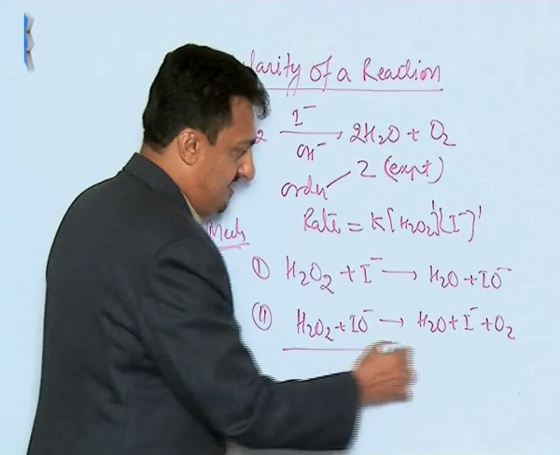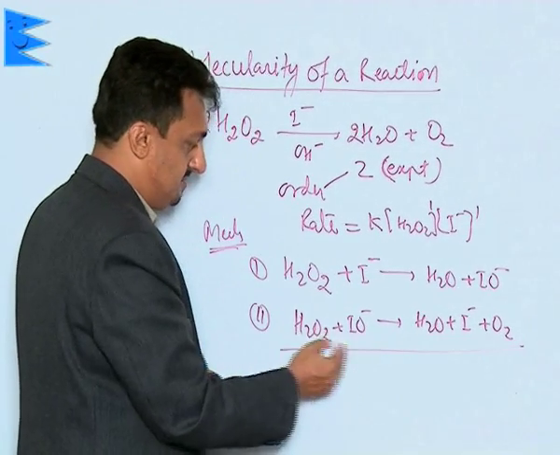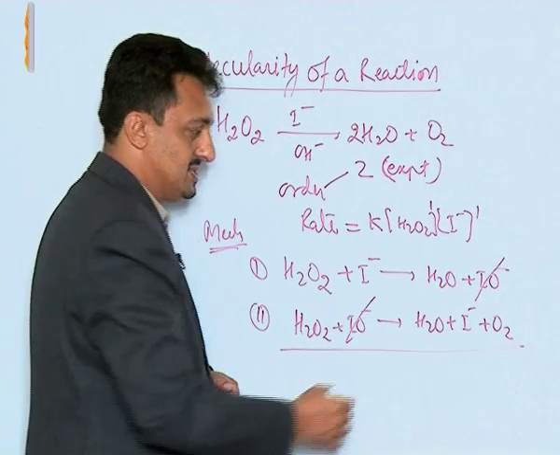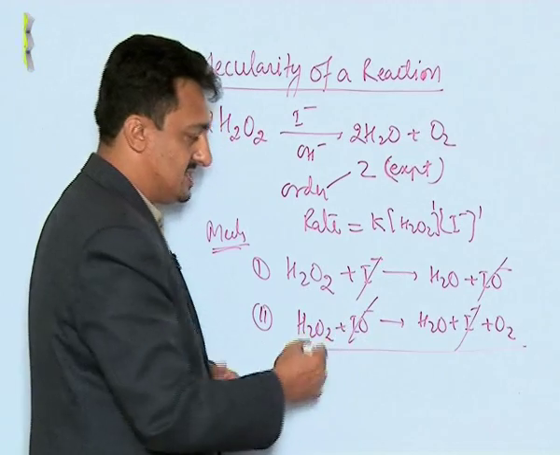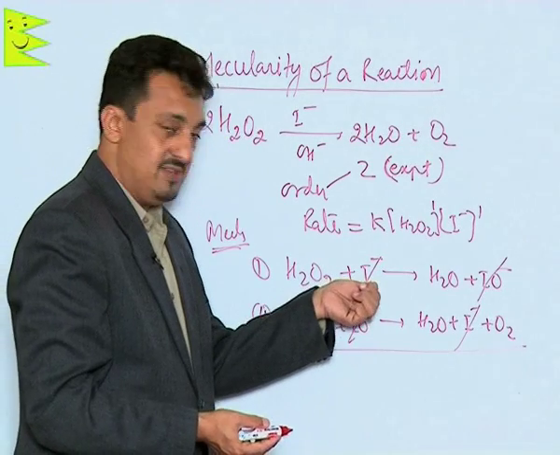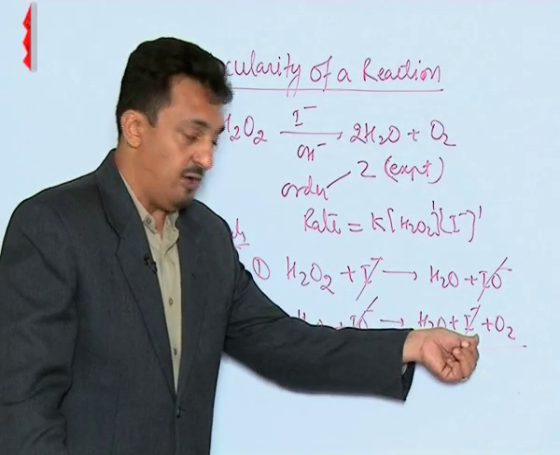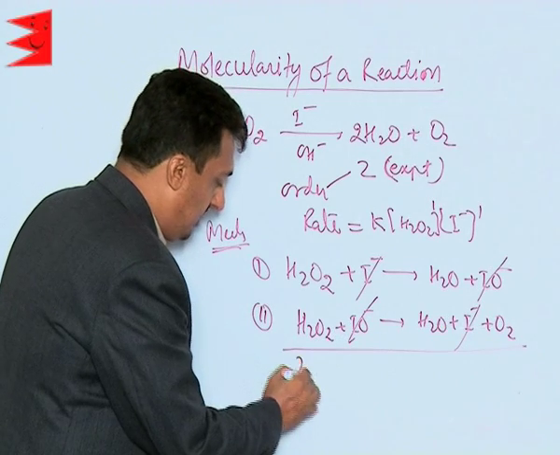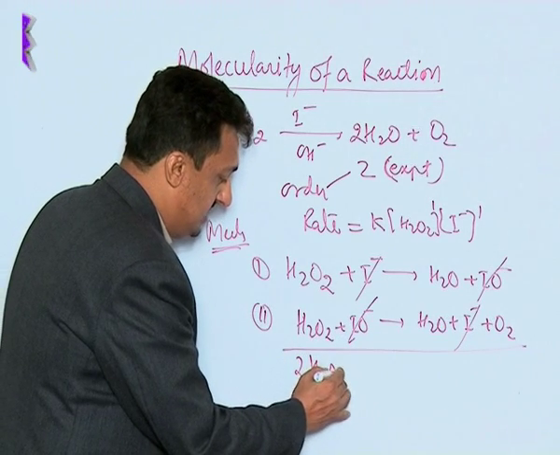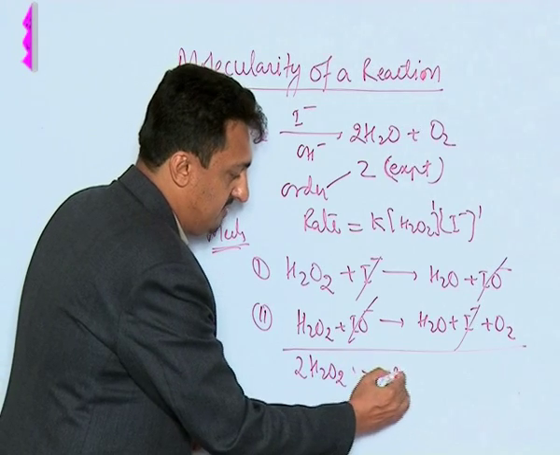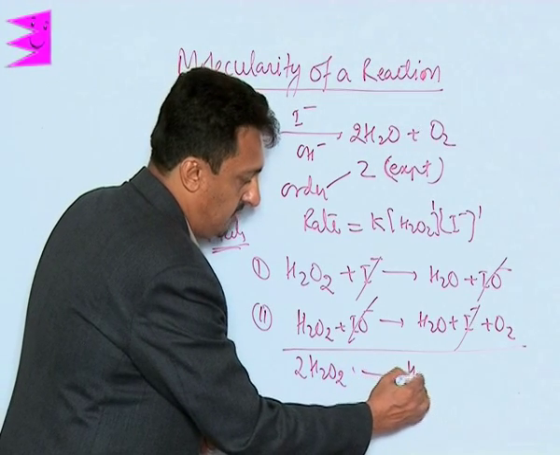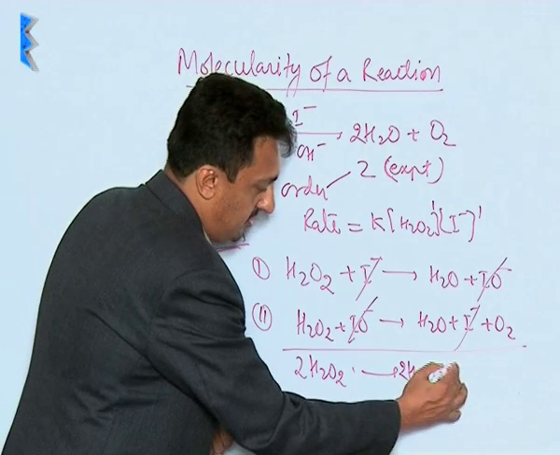Now, when we balance this equation, this IO minus, which is an intermediate, gets cancelled. The I minus gets cancelled because whatever catalyst was consumed was formed again here. So at the end, this is H2O2 plus another H2O2, which on decomposition is forming what? Twice water and oxygen.